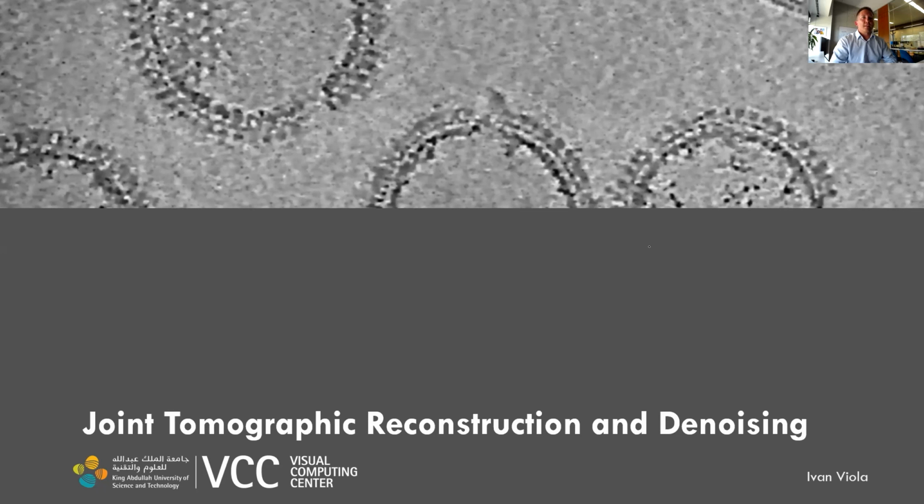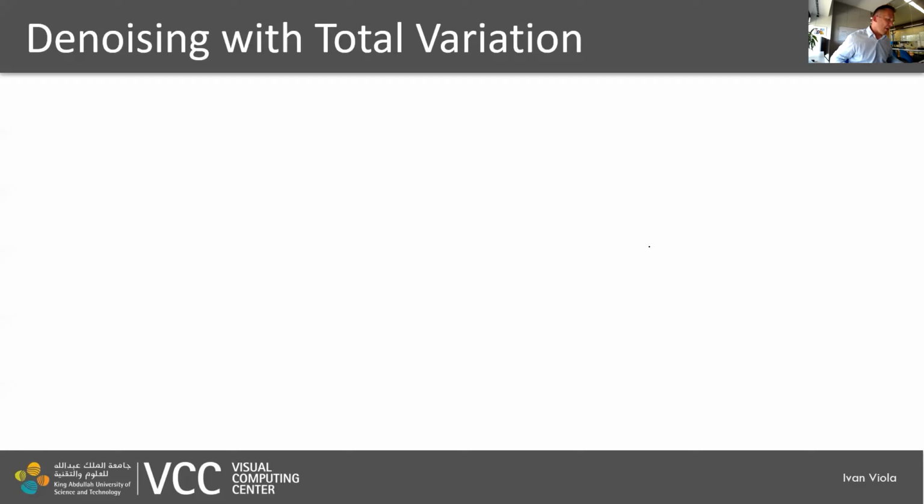So the bottom line is we want to make the denoising part of the tomographic reconstruction process such that we can always, by checking the error term, control the level of smoothing, regularization, if you like, of the denoising process. So we are having several approaches of denoising. There could be various ways.